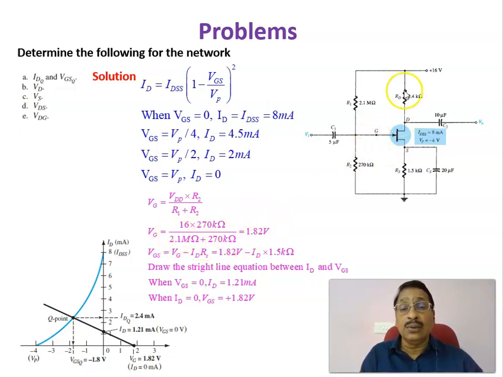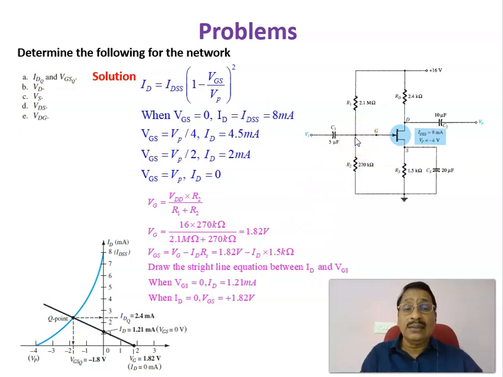VG equals 16 volt divided by the sum of the two resistances, into this resistance: 16 into 270 kilo ohms divided by 3.1 mega plus 270 kilo. You will be getting VG equal to 1.82 volt.